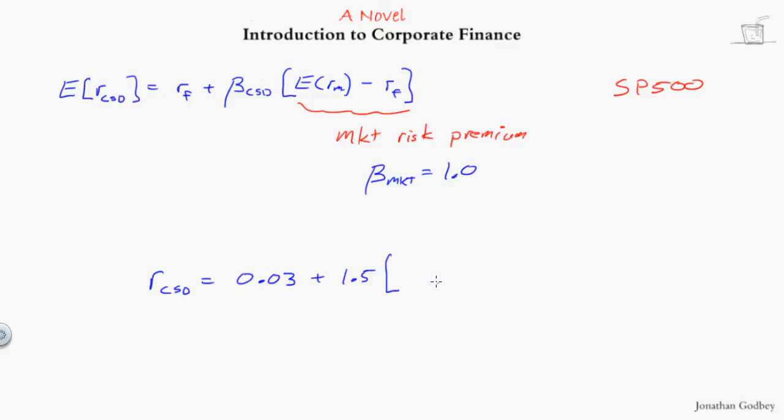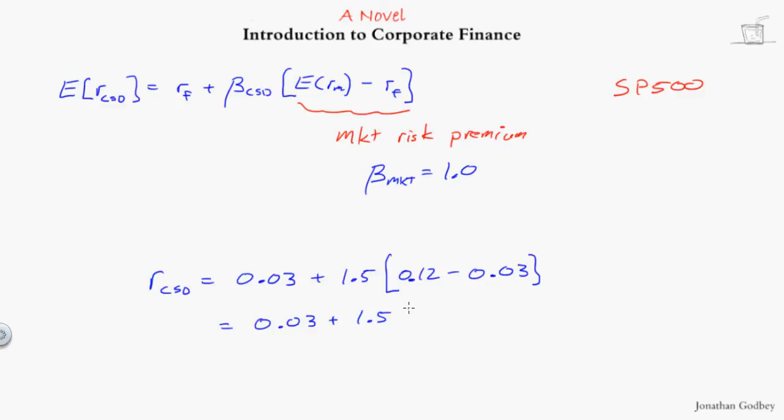And then I can say I think the market return is 12%. I expect the market will return 12% over the next year, and the risk-free rate is 3%. This tells me, in other words, the risk-free rate is 3% plus 1.5. I need 1.5 times the average return for Caspian Sea drinks.